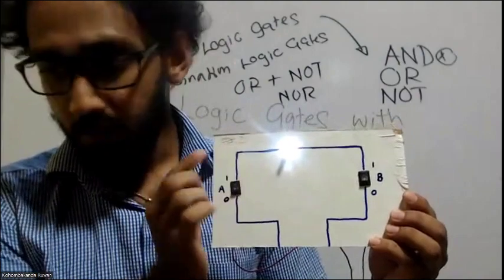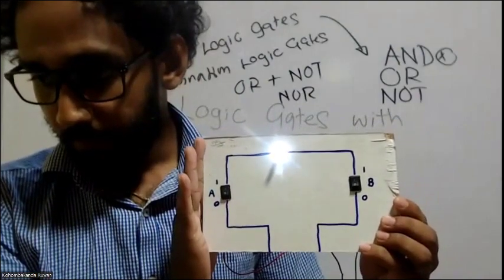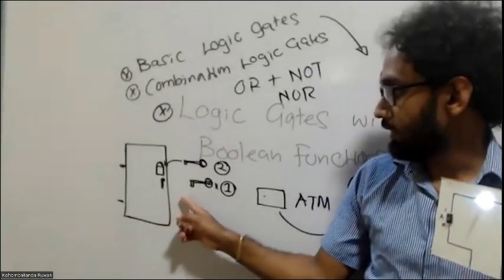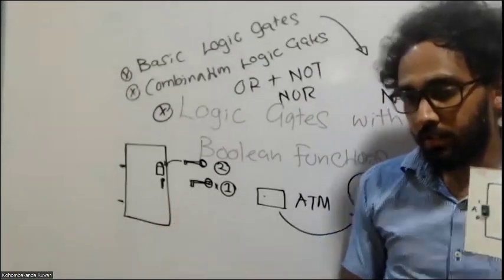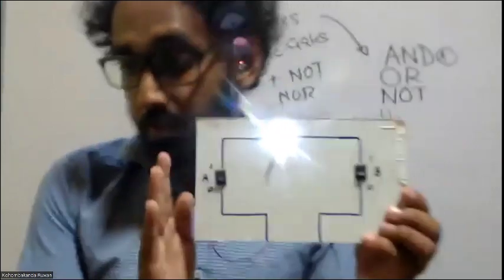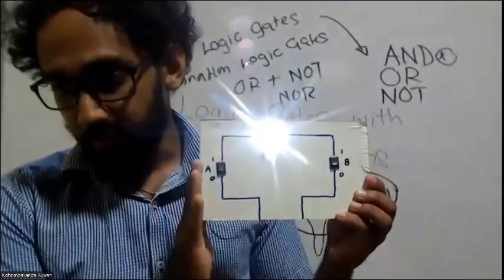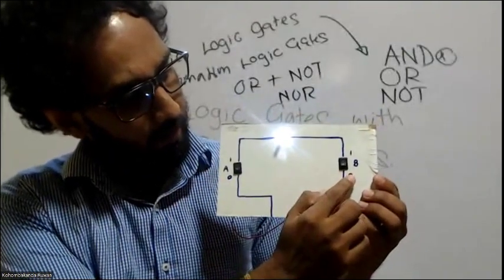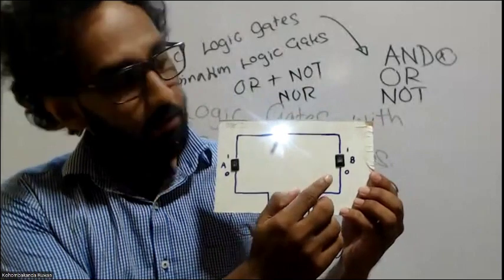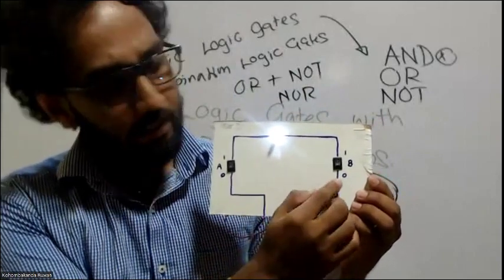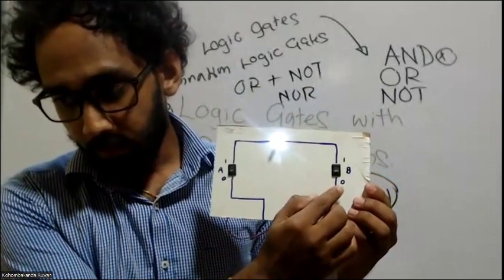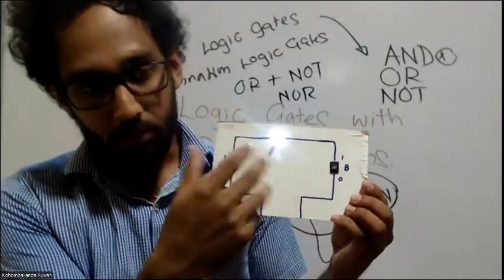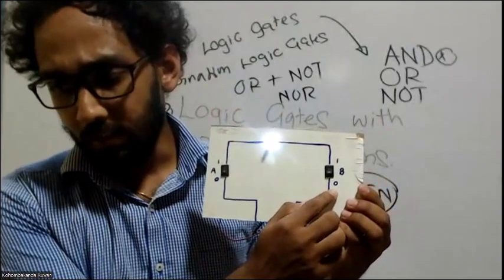It is like the example of the door with two locks. Yes, exactly. This is a simple example to explain the AND logic gate. Here there are two switches, one is A, the other one is B. Switch off means we consider it as 0. In computer science, if you switch off, we say it's a 0 state.